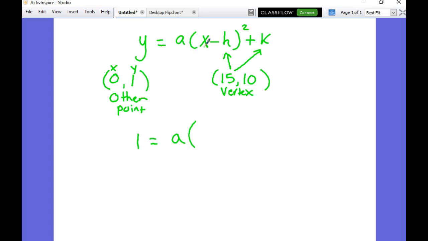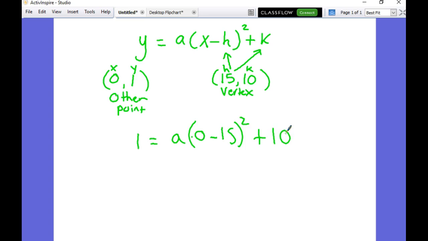What's the X value? 15. Well, yes and no, but my X value I want to use here is 0. This is a special X value, and what letter do we call it? The H. That's our H and our K, right? So it's 0 minus, what's my H? And what's my K? 10.